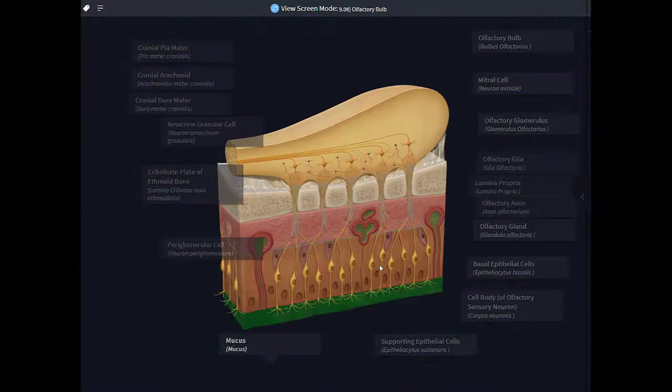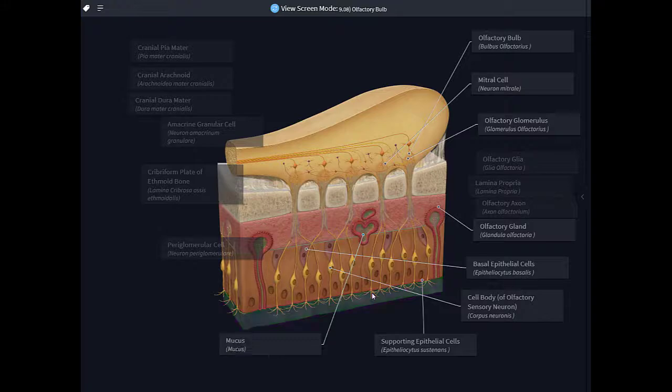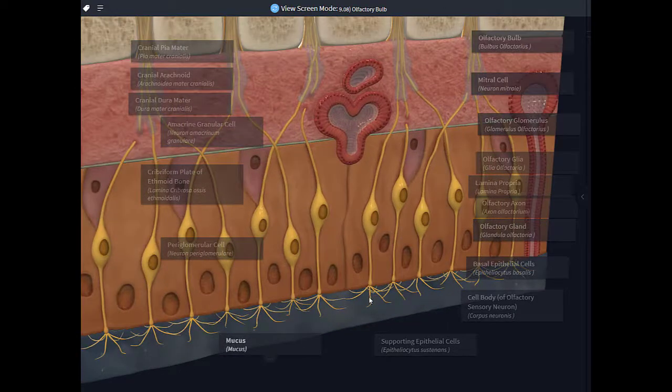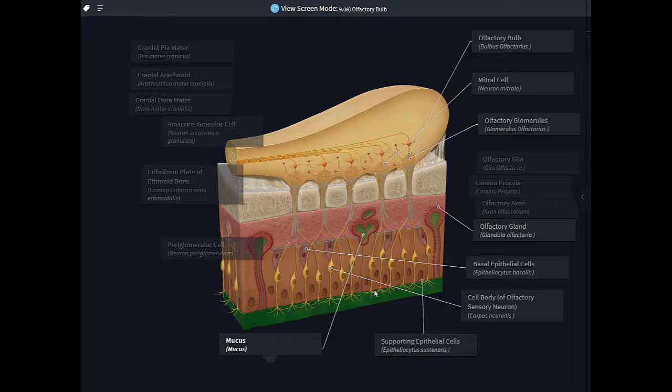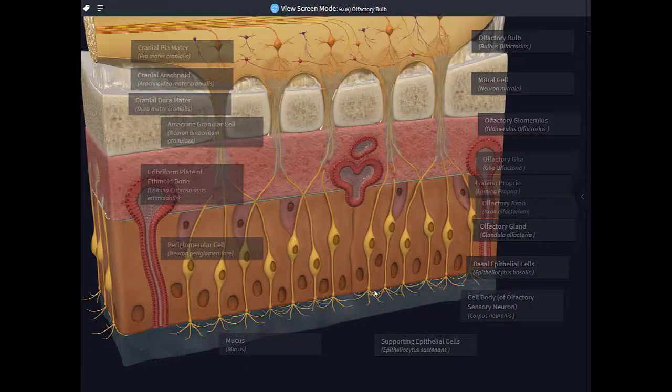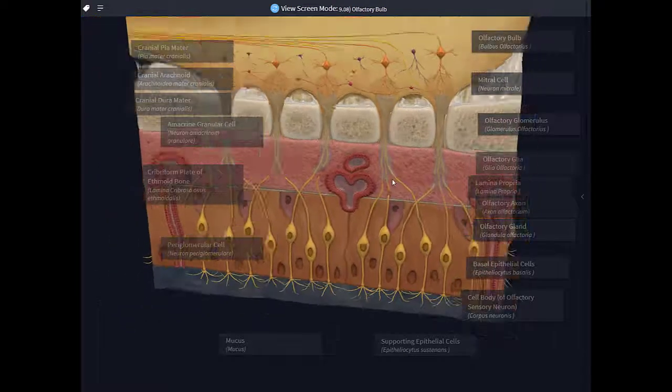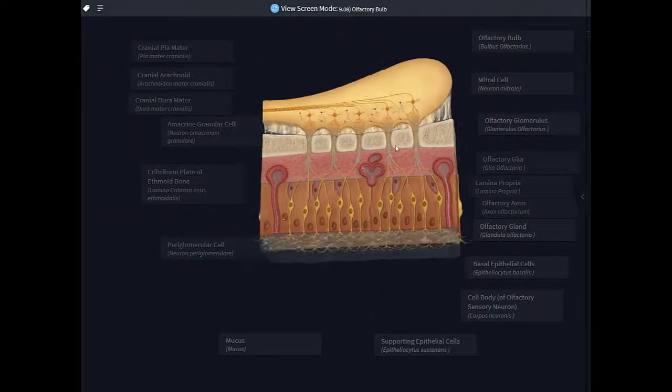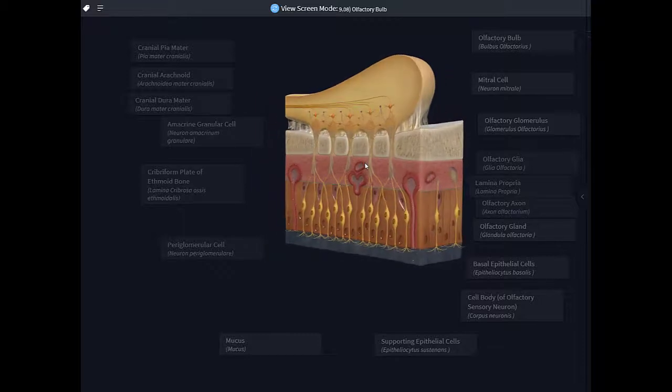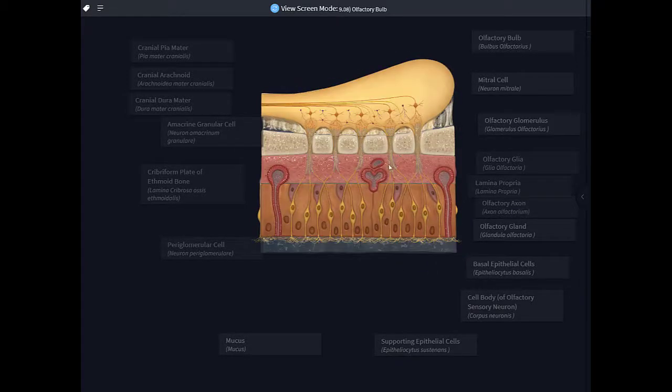And once you have odorant molecules bound to their cognate receptor proteins, the information about this odorant is going to be encoded and subsequently transmitted to the olfactory bulb via the axons of the olfactory neurons. And this processing of the different odor molecules actually makes it possible for us to differentiate between different odors.